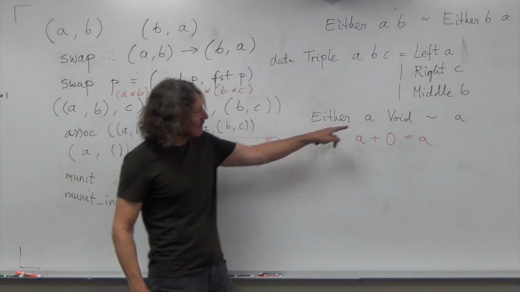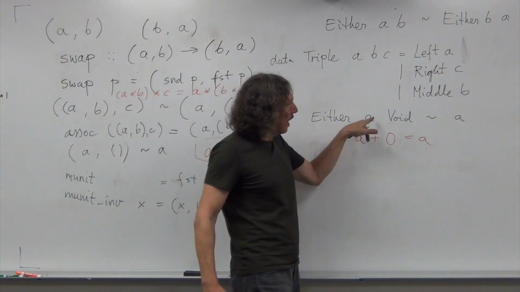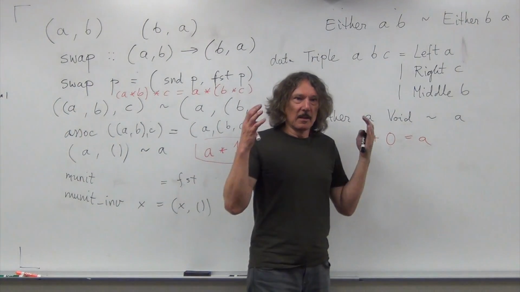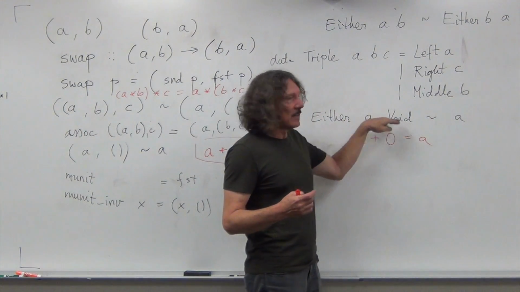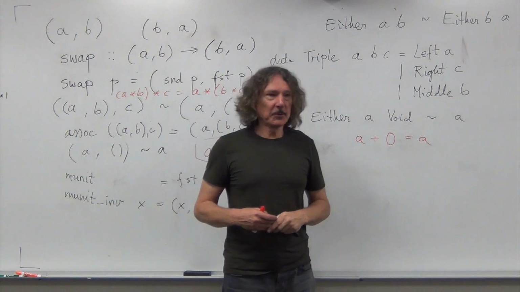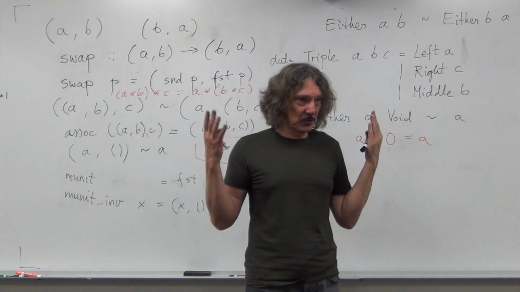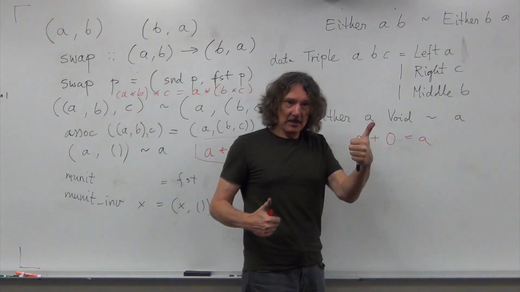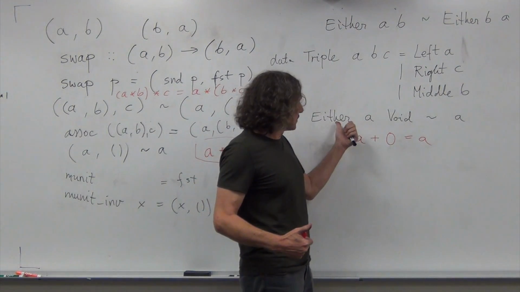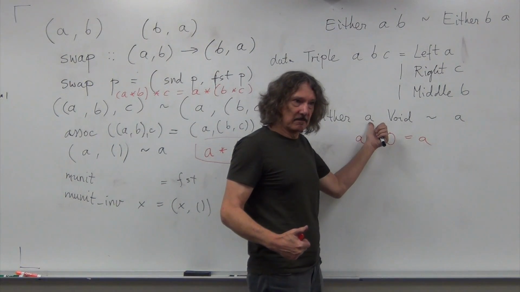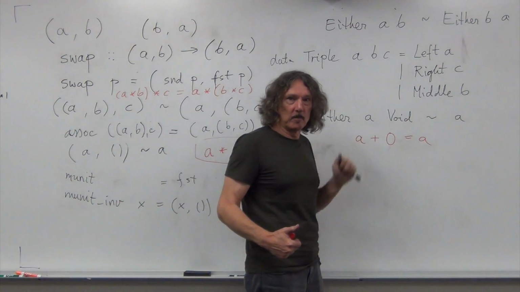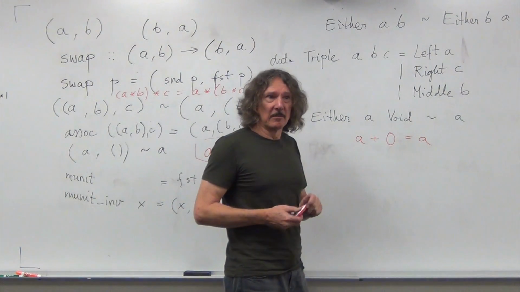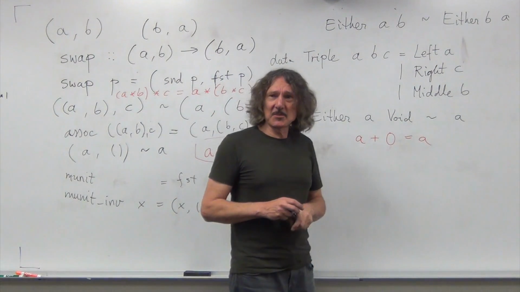Okay? Why is that true? What are the inhabitants of this Either? If you want to create an Either of A and Void, you have 2 choices. Either has 2 constructors, Left and Right. So if you give me an element of A, I can construct a Left of A, and that's good. Are there any other inhabitants of this Either? Can I construct a Right?